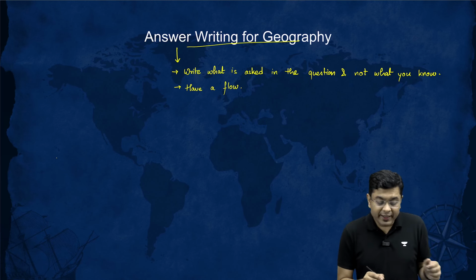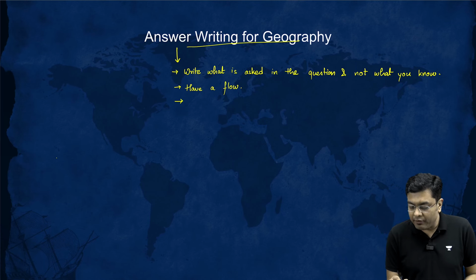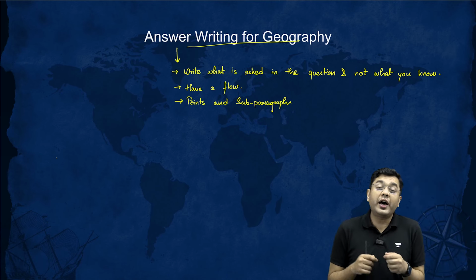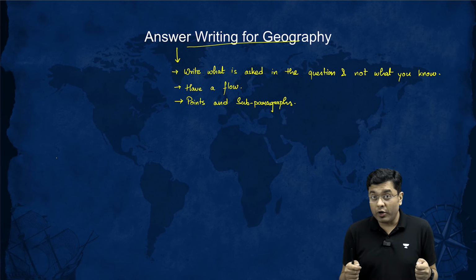Now, after this, the next point that you have to keep in mind while you are writing the answer is the case of points and subparagraphs. Here, you also have to ensure that the introduction should not be very, very long.